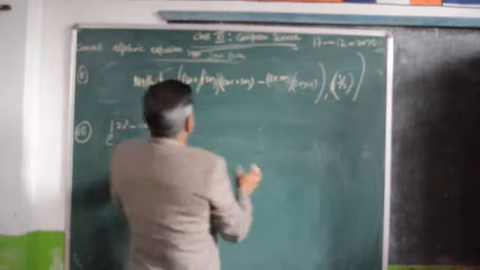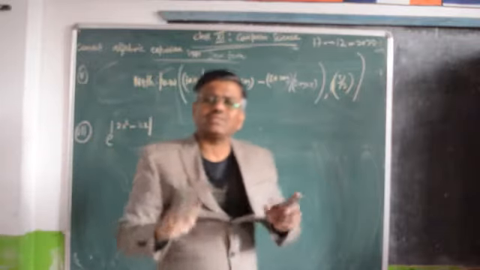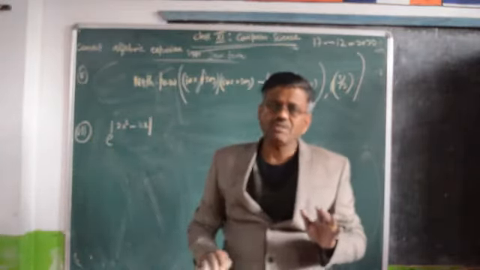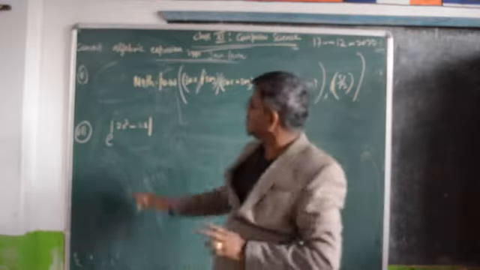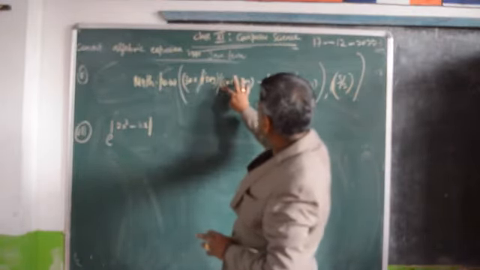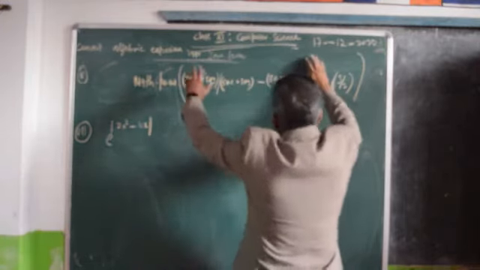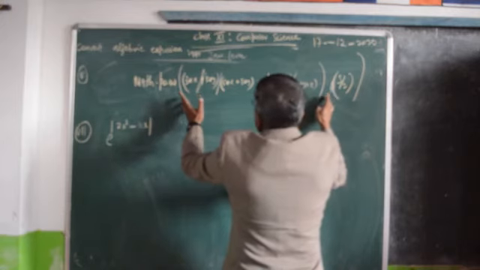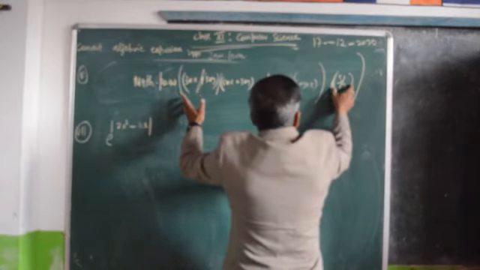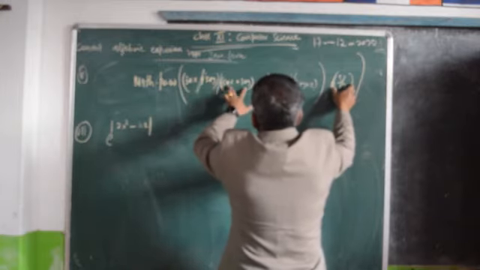Look, the number of opening parentheses and closing parentheses has to be equal. In other words, you have to do the balancing job. One opening and closing, this is done. Opening and closing, this is done. Opening and closing, this is done. Opening and closing. This whole lot raised to the power of 3 by 2. Okay? 1, 2, 3, 4.